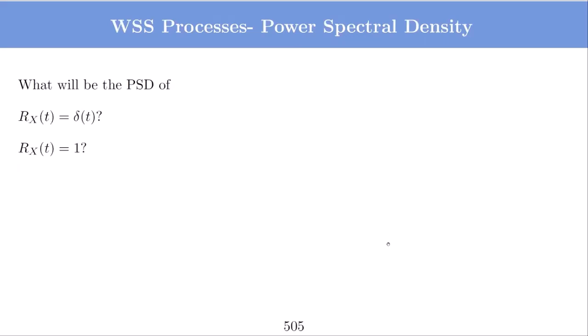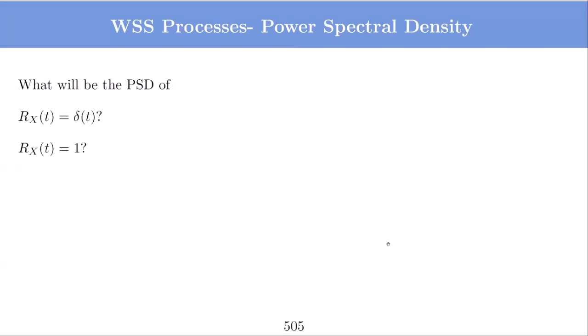You can guess a similar thing from this Rx(t) also. Delta(t) means the function is changing very fast, so you cannot predict what will happen at the next instant. There are all kinds of frequencies. It's like noise, where the signal can change very fast. It may have high frequency, low frequency, everything.